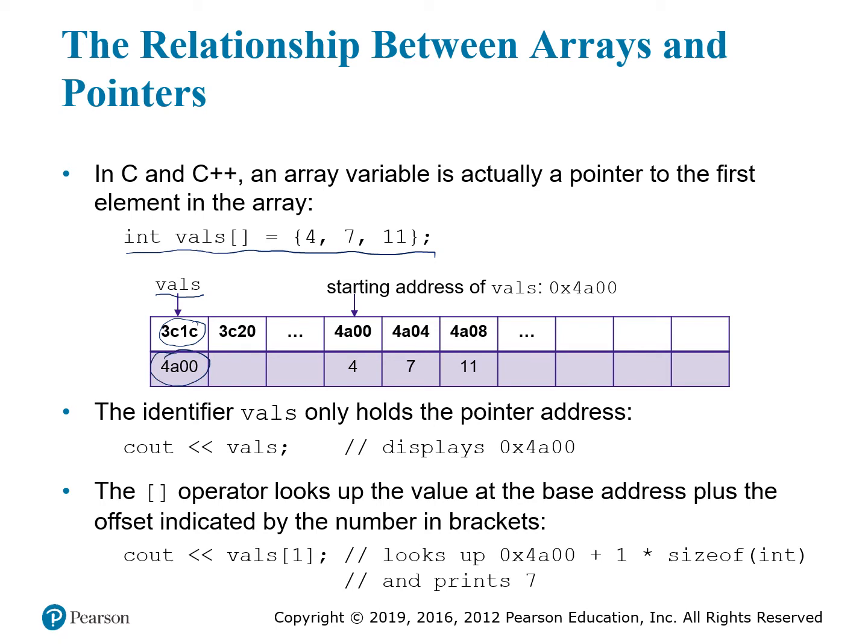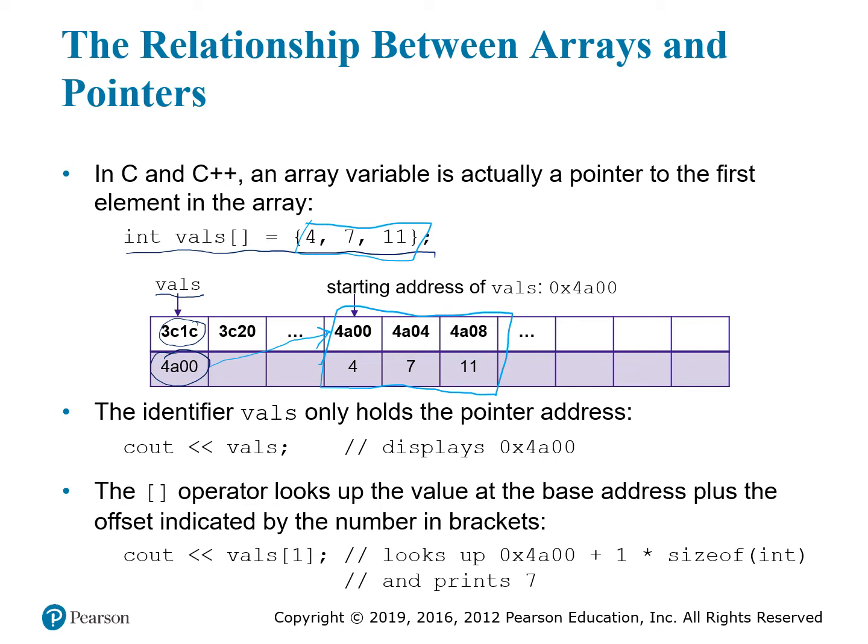It is, in other words, a pointer. And this pointer points to the starting address of the contiguous memory area that holds the numbers we stuffed into vals, okay, which is our 4, 7, 11 up here.